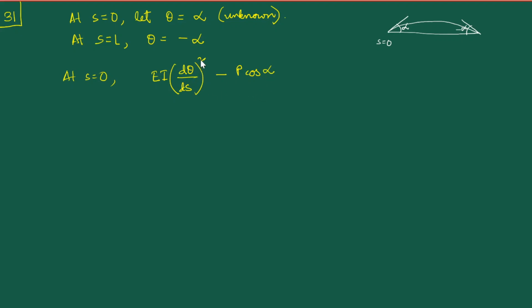Please note that this term is 0 at s equal to 0. So this is c. So c is equal to minus p cos alpha.